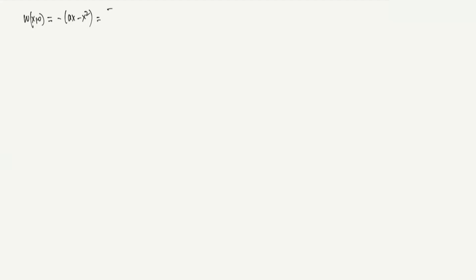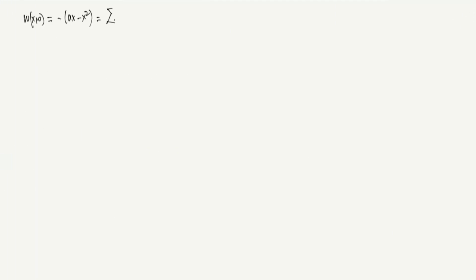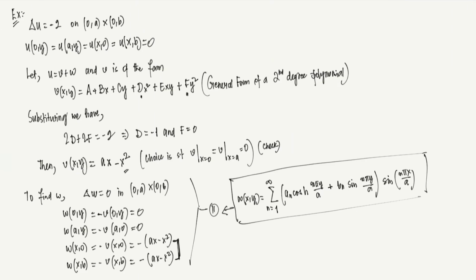And that is nothing but, if you put y equals 0 in this equation, the summation n equals 1 to infinity of an sin(n pi x by a). Clear? And w of (x,b) will look like minus ax minus x square, and that is nothing but, again, y equals b here, so n equals 1 to infinity, we have to put b here. Yes, y equals b.